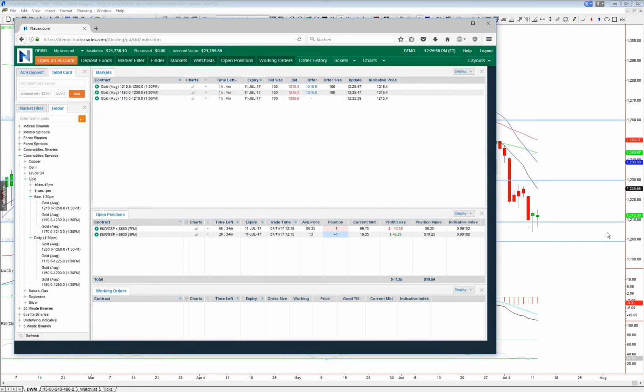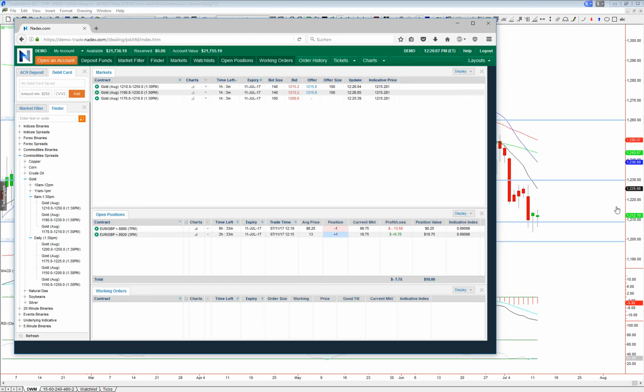And so if I'm shooting now for a potential trading opportunity here going for 1200, we're currently trading at 1212. So this contract here trading 1170 to 1210 would be quite close right now, because here we're just trading 2 points above the upper ceiling of that range.